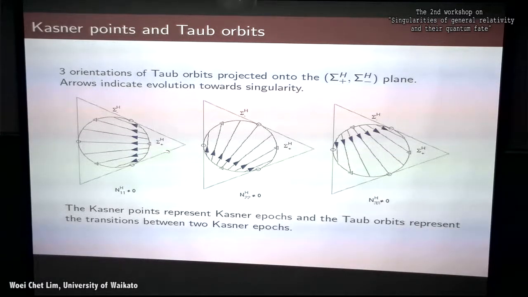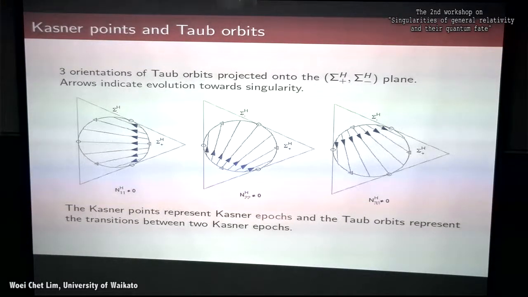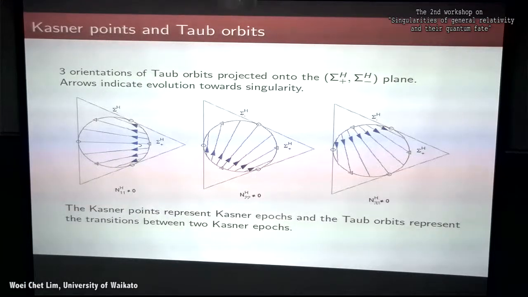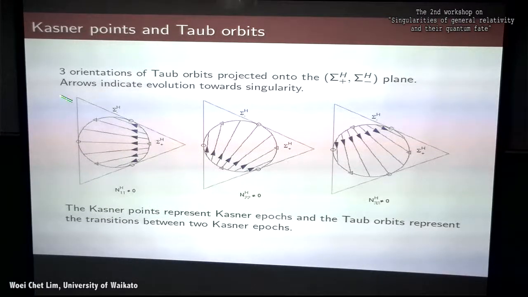Now, in the three-dimensional state space where if you draw N_11 out of this page, then this orbit is actually on an ellipsoid because of this constraint, right? So this orbit, if you also draw the N_11 direction, would lie on an ellipsoid. And N_11 can be either positive or negative.